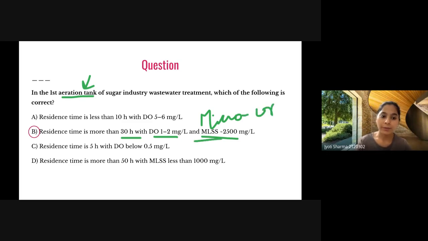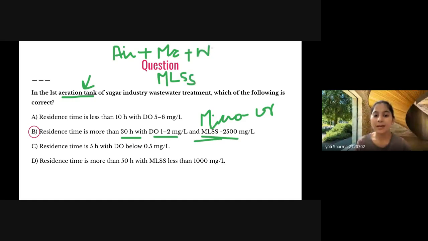So in the aeration tank, we give air, we have some microorganisms, and that we can quantify with MLSS, and we have wastewater, right? And this is how we can treat that wastewater. We can have the treatment.